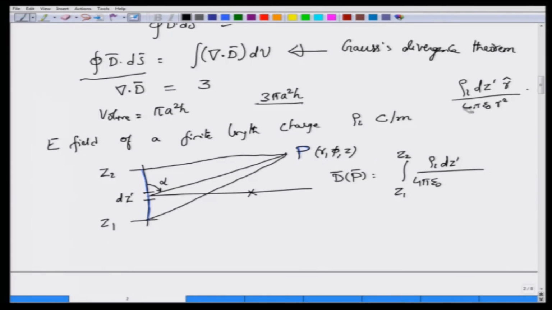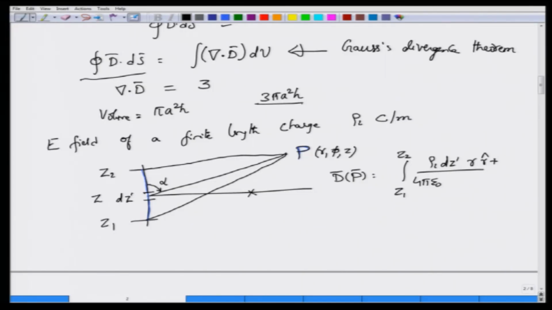So, if you apply that Coulomb's law to this one, you are going to evaluate the vector distance from dz prime to point P, and that is given by r hat plus z hat, or sorry, this is the point at any z that I am considering, whereas the location of dz prime is at some z prime.